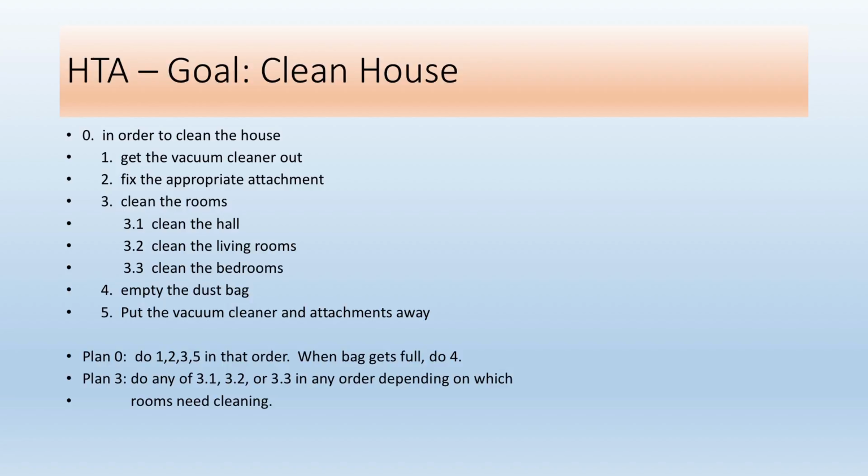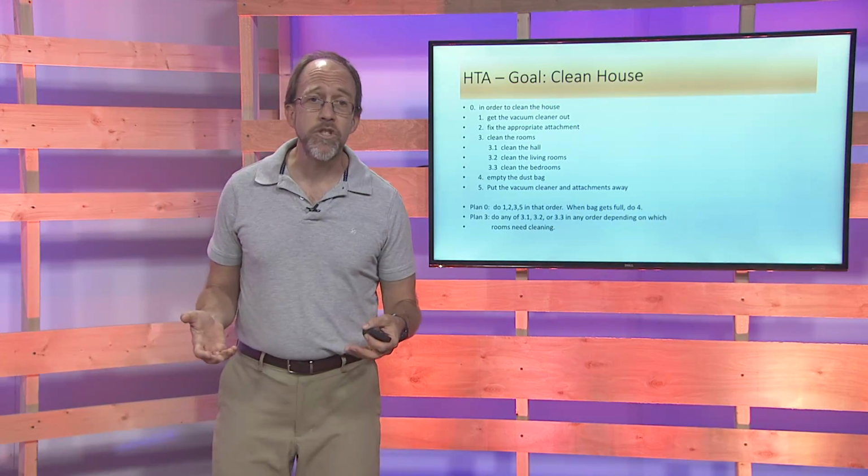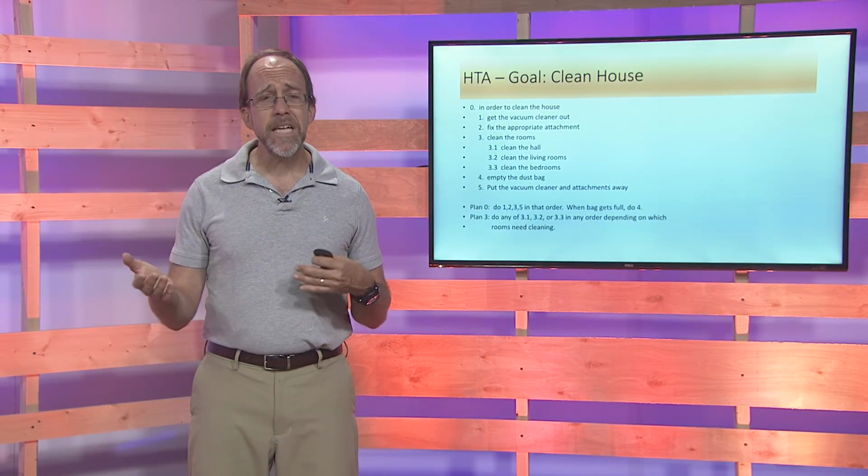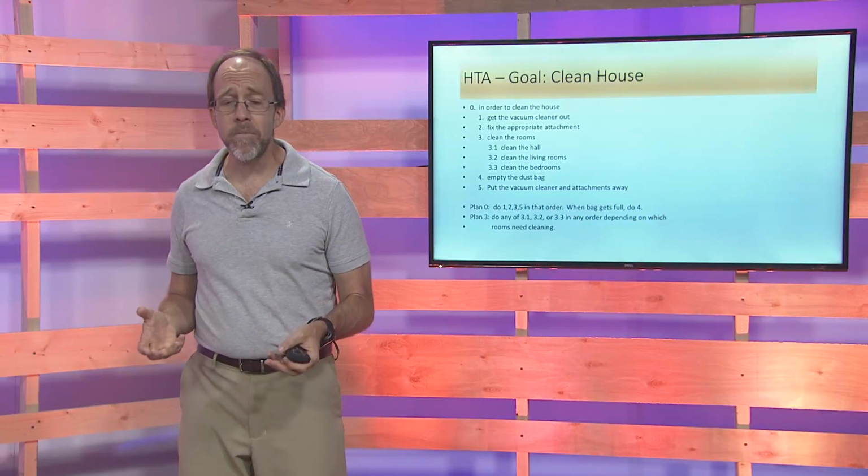Well, that's a relatively simple example. My goal is to have a clean house. I'm going to have to clean the house. I have other ways to do this. I could hire somebody to come clean the house. But let's decompose that a little bit into individual steps. So, I have a number of tools that I'm going to have to use to do this, such as the vacuum cleaner.